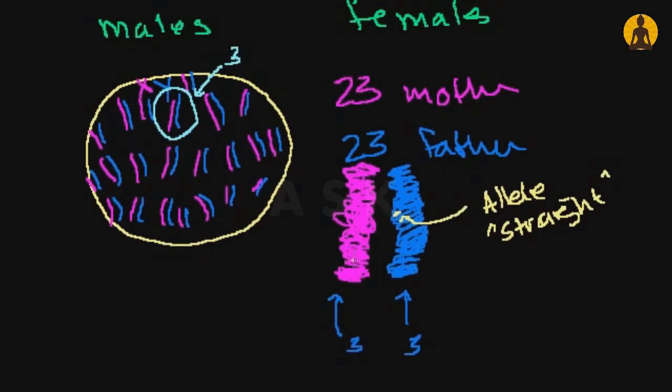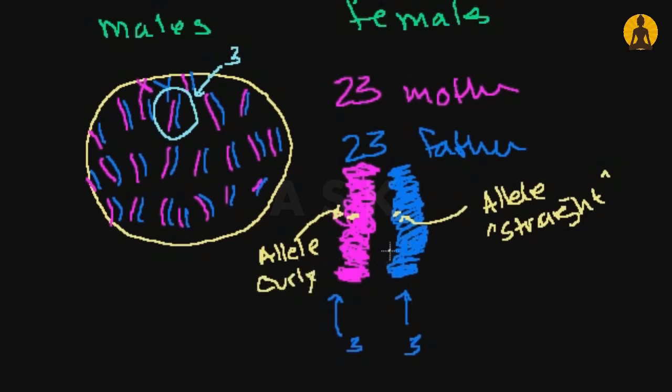So this will also have the gene for hair straightness or curliness, but my mom happens to have curly hair. So she has the version of the gene here, allele curly. The gene just says, this is the gene for whether or not your hair is curly. Each version of the gene is called an allele. Allele curly.